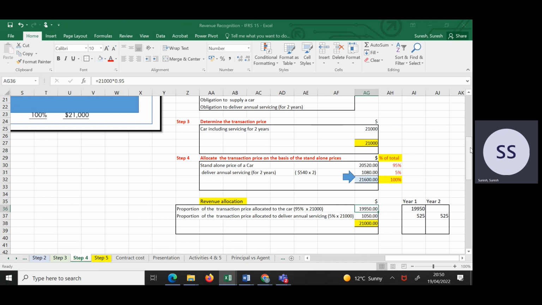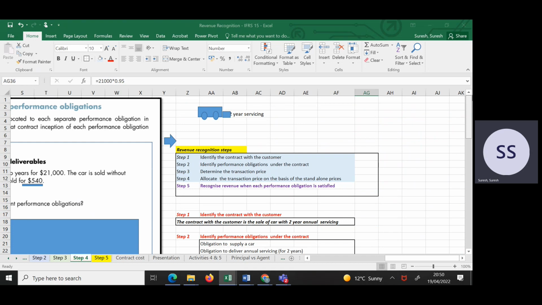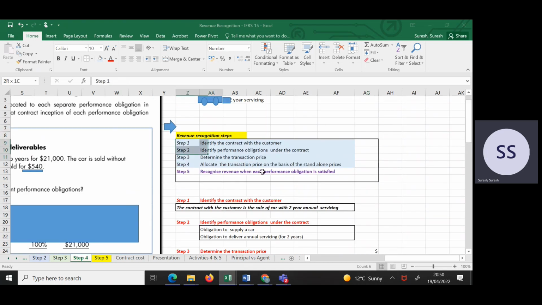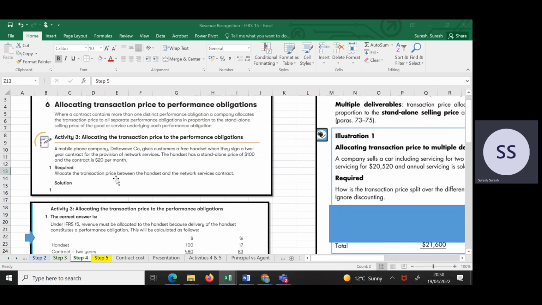So this is how revenue recognition is done according to IFRS 15, through 5 steps, and the 5th step we're going to cover in the next video. Right now, let's move on, and I will go through this first example, and once it is done, I'll come back to this.